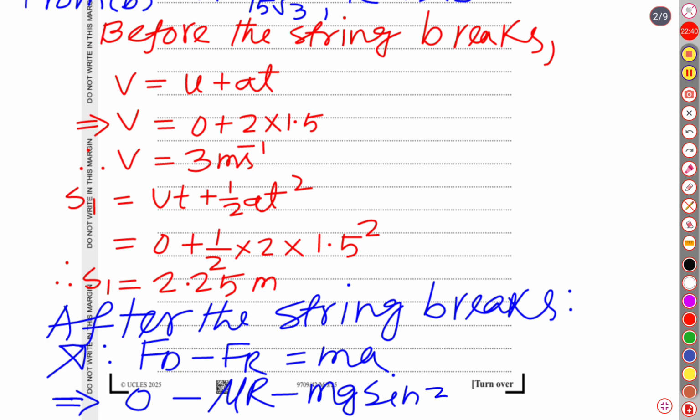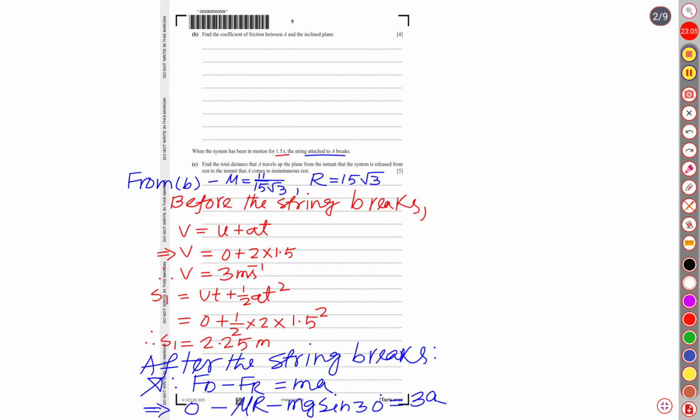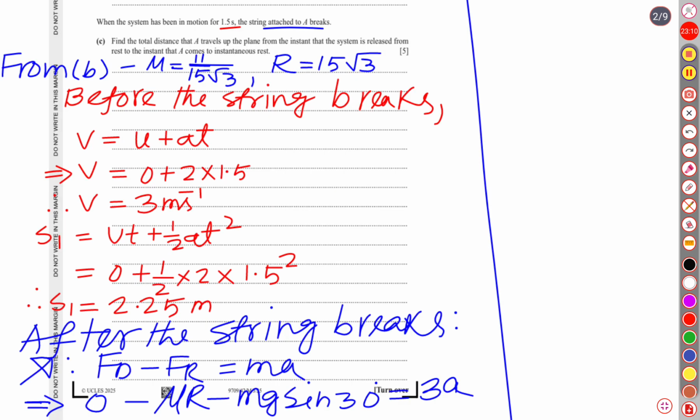Equal to mass of the particle, which was 3 kg, so it's 3a. After that, we will substitute the values. Let me write just beside this. Mass of particle A was 3.